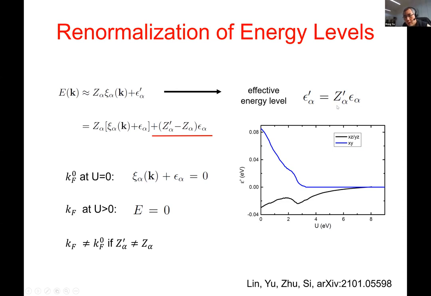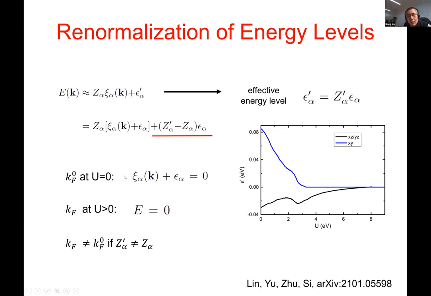However, if there is a strong orbital selectivity, the renormalization factor Z prime is going to be different from the Z, from the quasi-particle spectral weight. It's a complex function of the quasi-particle spectral weights of all the orbitals, actually. So these two are different, okay?